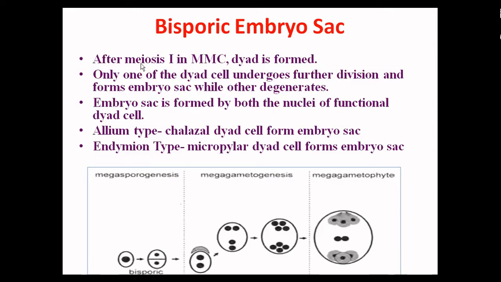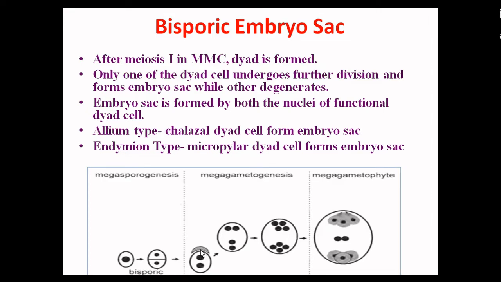The next is the bisporic embryo sac. Here two megaspore nuclei are involved in the formation of this type of embryo sac. After meiosis 1 in the megaspore mother cell, a dyad is formed, but out of the two cells, only one dyad cell undergoes further division and forms the embryo sac, while the other degenerates.